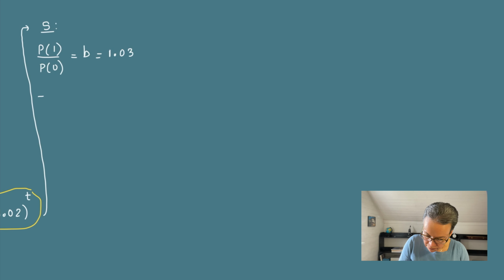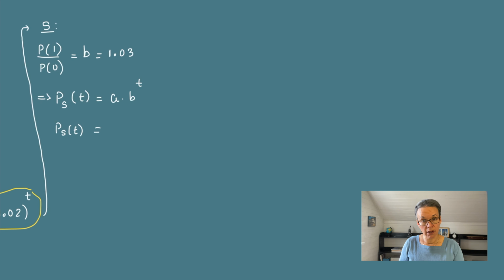So then that means that the population of Surrey at t will again be A times B to the t, where A is the initial value. So the initial value for Surrey was 300,000. So 300,000 times the ratio, 1.03 to the t. And here we have it.